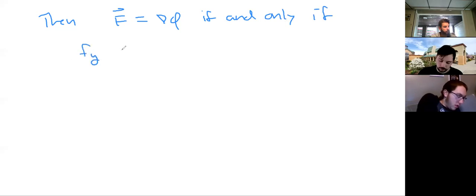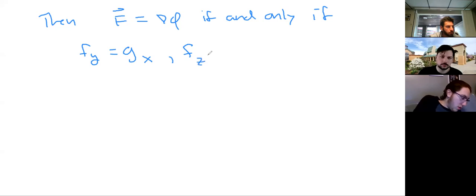The partial of F with respect to y is equal to the partial of G with respect to x. The partial of F with respect to z is equal to the partial of H with respect to x. And then the partial of G with respect to z is the partial of H with respect to y.